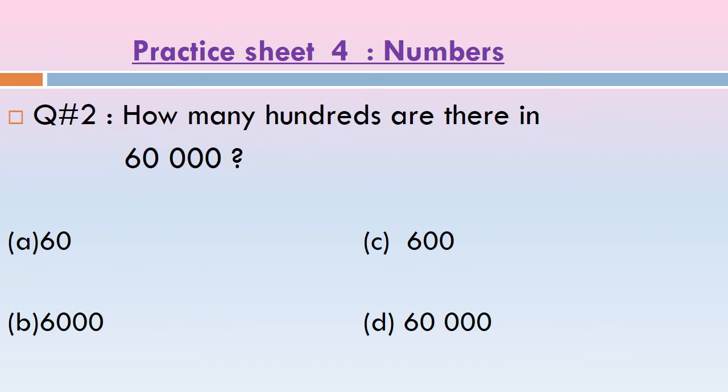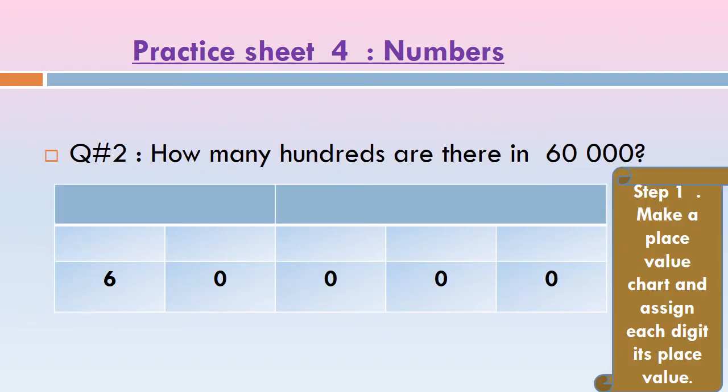Next question number 2 is, how many hundreds are there in 60,000? You have to tell how many hundreds are in 60,000. Now how can we find it? Firstly, we will make the place value chart and assign each digit its place value.